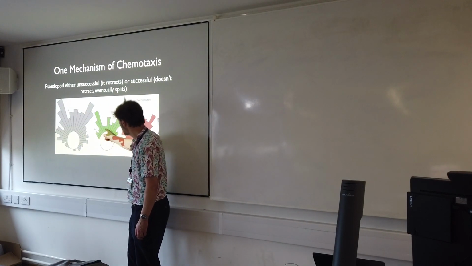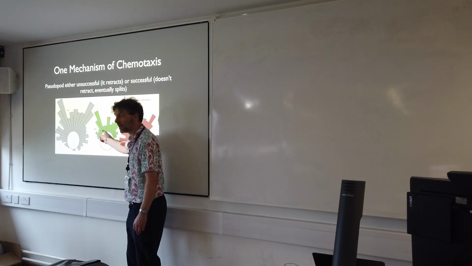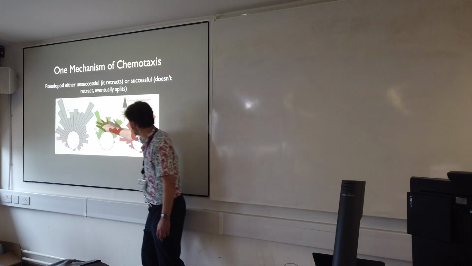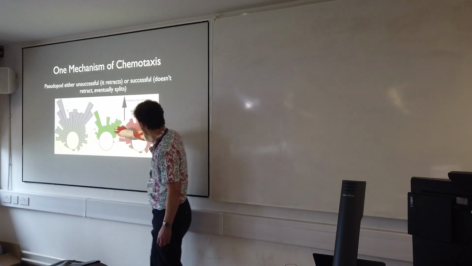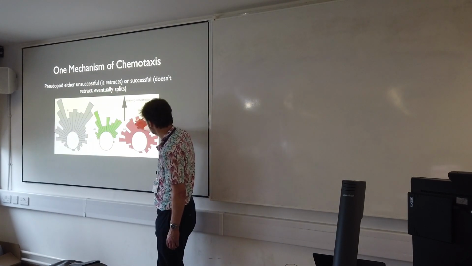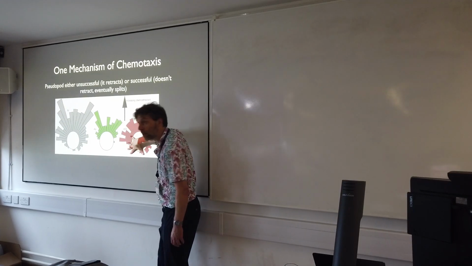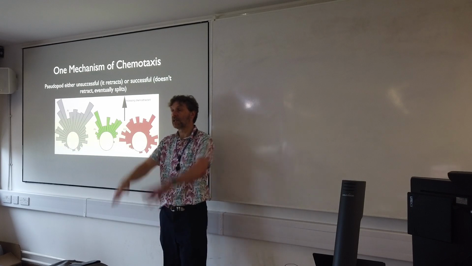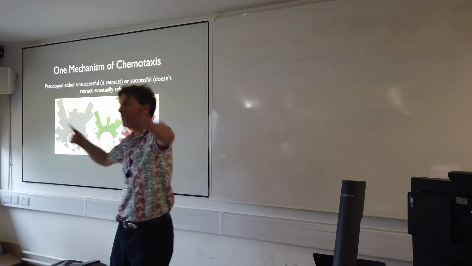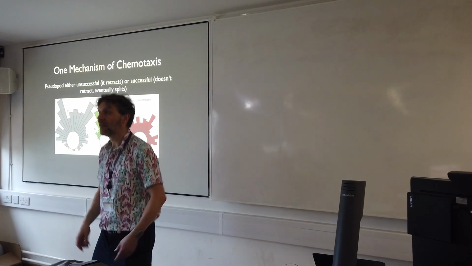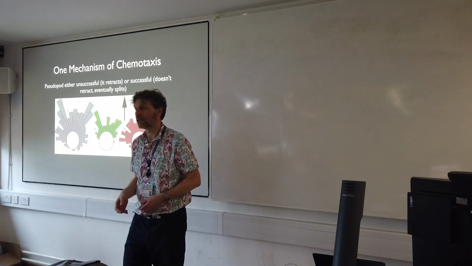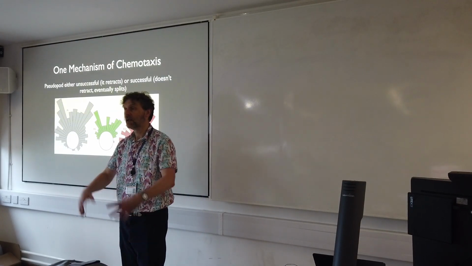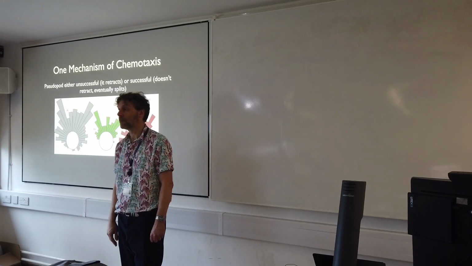But the cell is keeping the ones that are in a good direction much more often than it's retracting them. So if you're going in this direction, for example, you're about as likely to be kept and retracted, whereas if you're in the wrong direction here, you would be retracted more. So the cell's randomly generating things that will move it around, and then if they're in the right direction, it might keep them, and if they're not in the right direction, then it won't keep them.